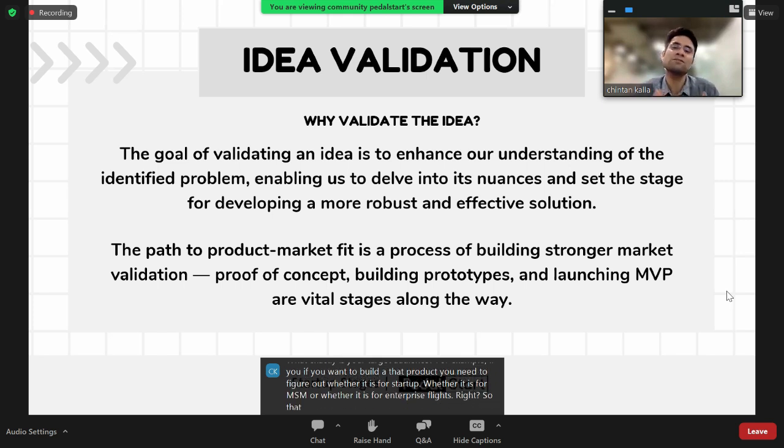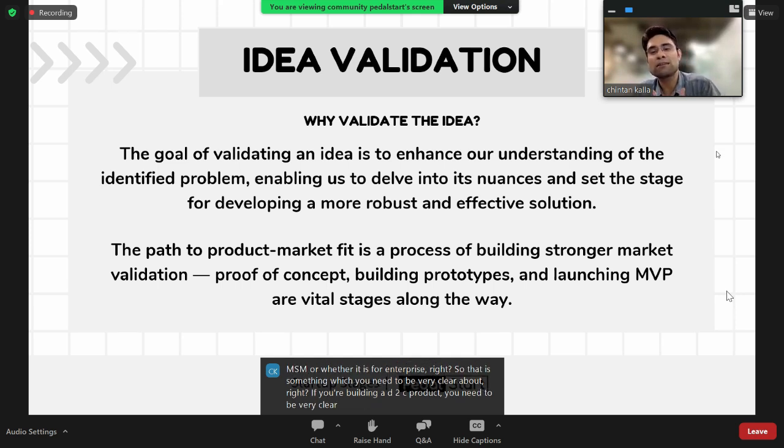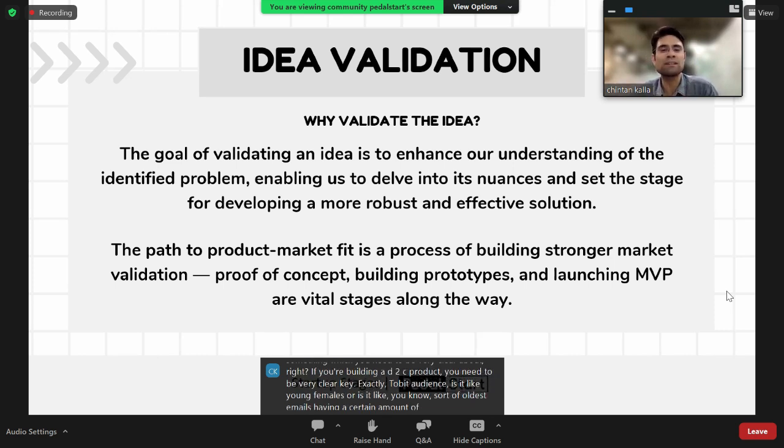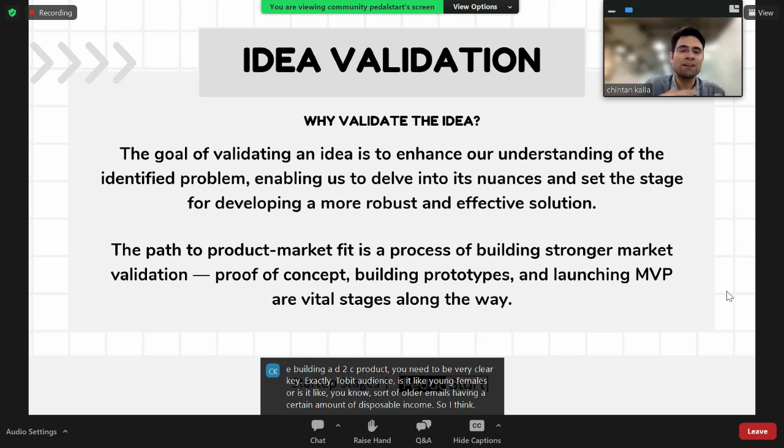So that is something which you need to be very clear about, right? If you're building a D2C product, you need to be very clear what exactly the target audience is. Is it young females, or is it older females having a certain amount of disposable income? So I think having a target audience in your mind is very important.